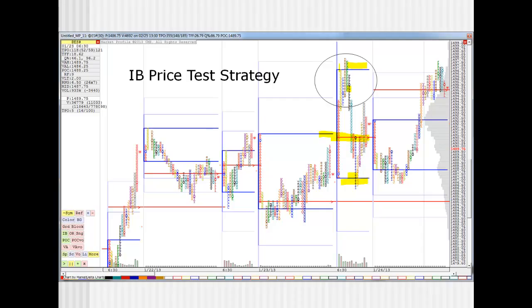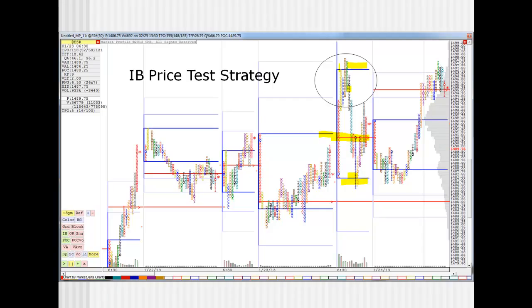Now, we will look at in our next lesson operationalizing it a little bit more, meaning we are going to look at it in the context of a candlestick chart, and I will give you a chart definition that will have the IBs for you on that, and we'll begin to also use some technical tools to help us refine our entries. But this is the basic thrust of the strategy.